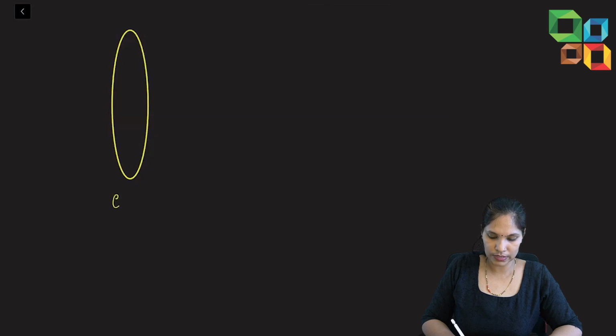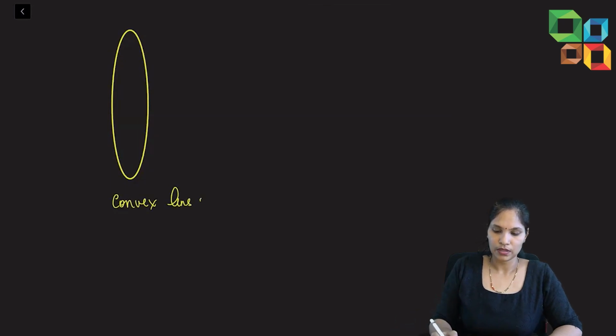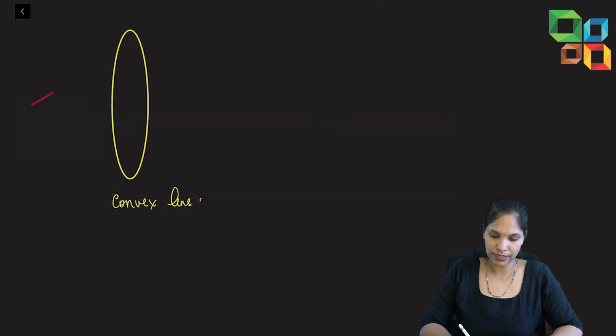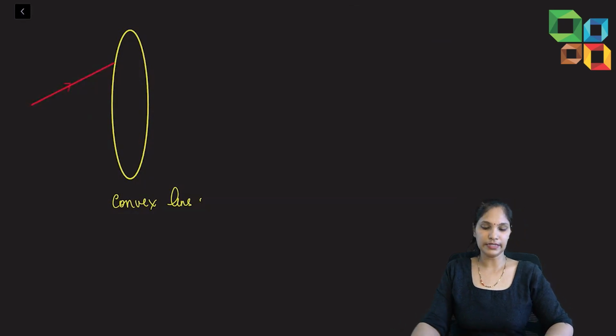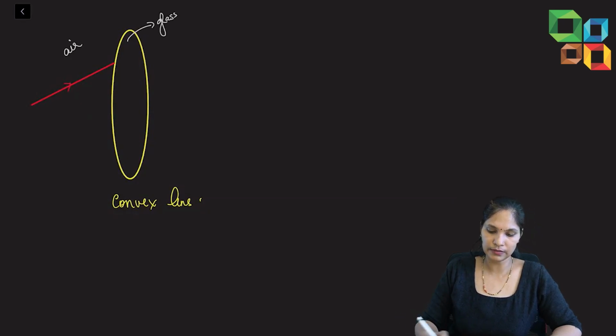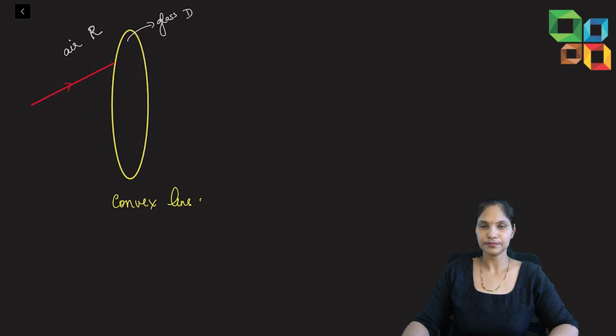So this is a convex lens. Okay. So let me say there is a ray of light which is coming from somewhere here and hitting the surface of the lens. Let me say this is air medium and this is glass medium. So obviously this is more denser. So this is a rarer medium, this is a denser medium.